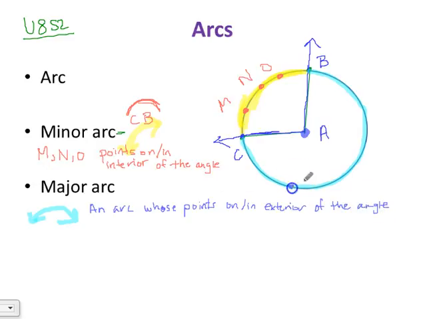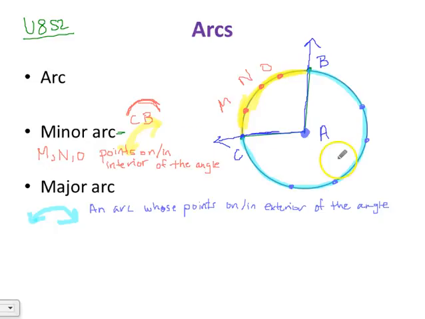So all these points on this side are on the exterior side of angle BAC. Here I just added some points, and all those points in blue are on the exterior of angle BAC. That makes this arc highlighted in light blue the major arc.